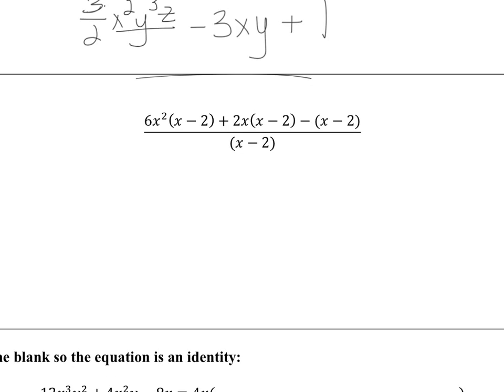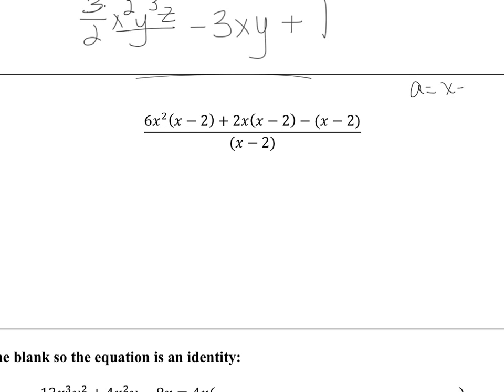Okay, there's this problem now. You are dividing by a binomial, so this is technically a binomial here, but it is a factor of each one of the terms on the top. So technically, it's just a factor. It's not really dividing in the binomial sense like we're going to do in the future. Remember, sometimes it makes it easier if you use substitution.